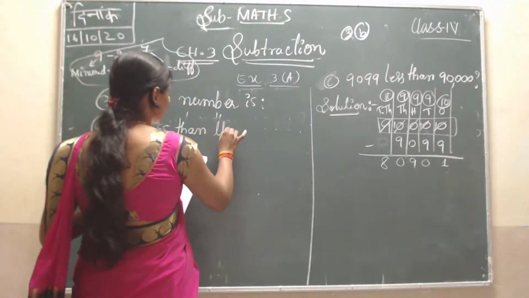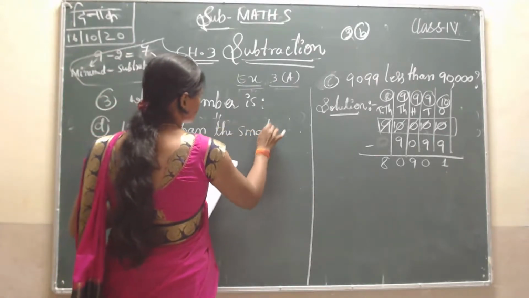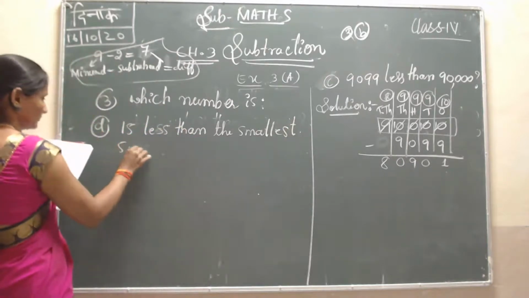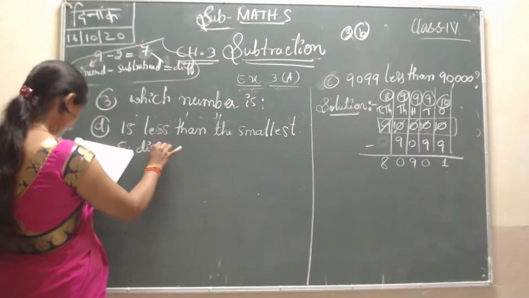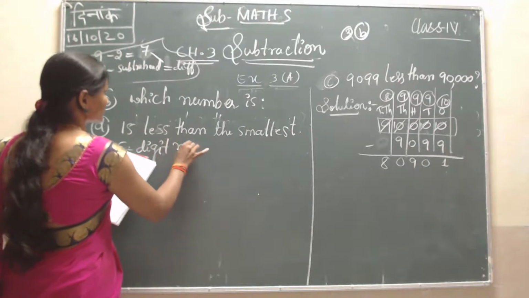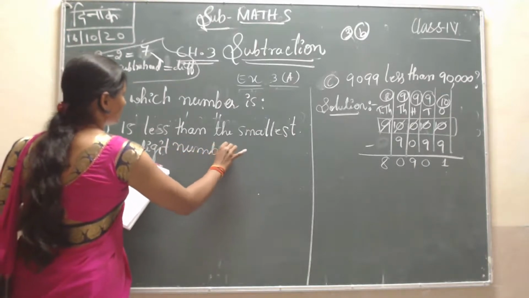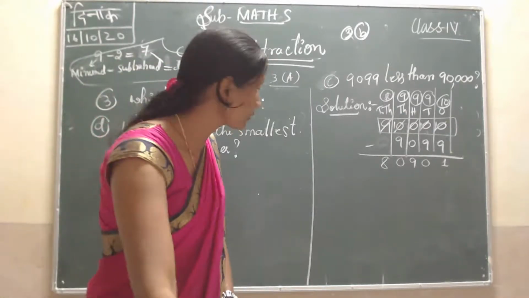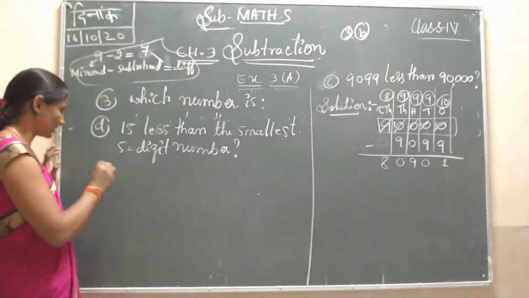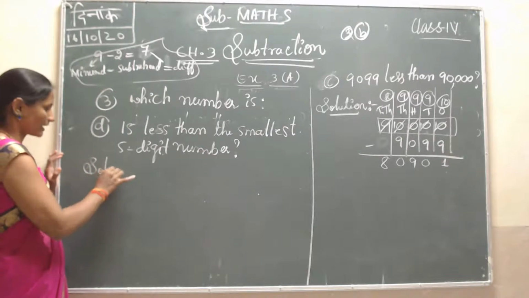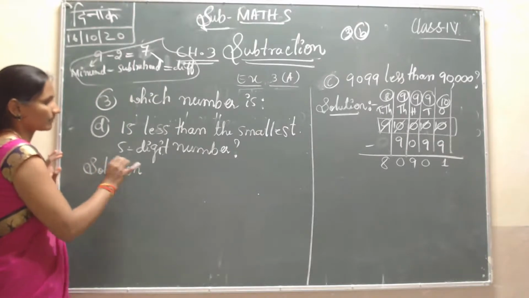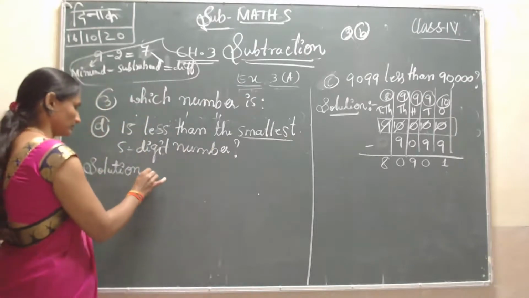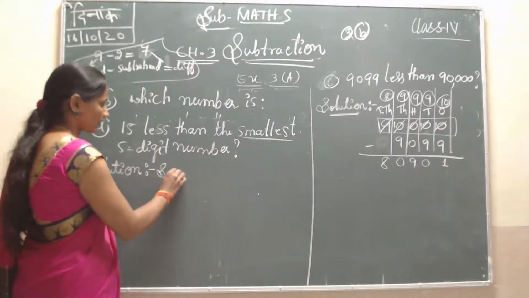15 less than the smallest five-digit number. Students, you already followed that in 3 questions, but one question I will give as homework, and this question is somewhat different. Just recall that in a 5-digit number, you first have to write the smallest 5-digit number.